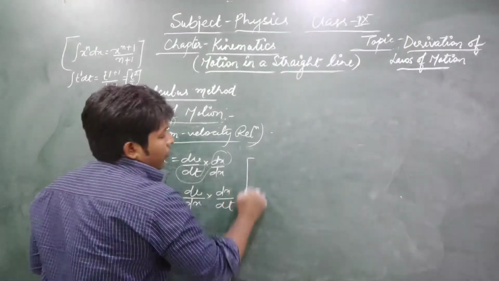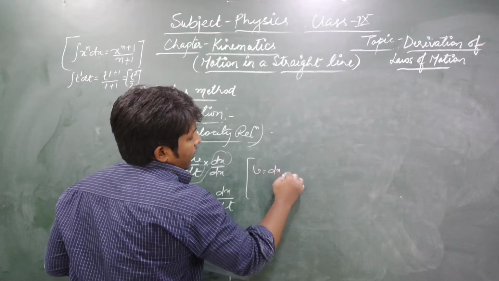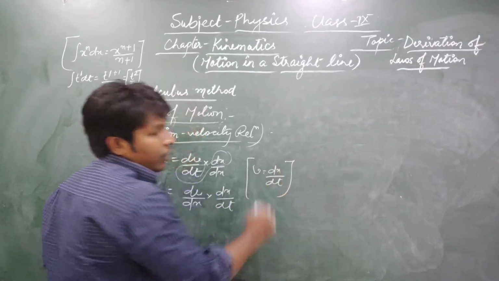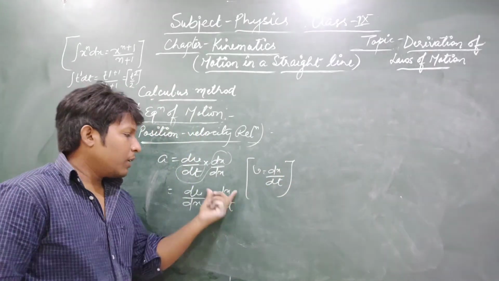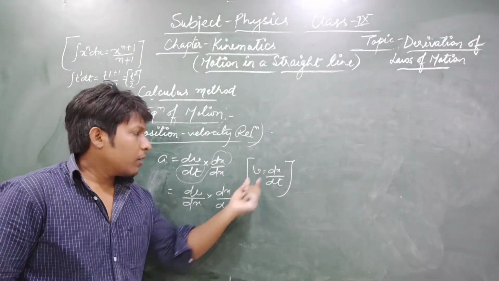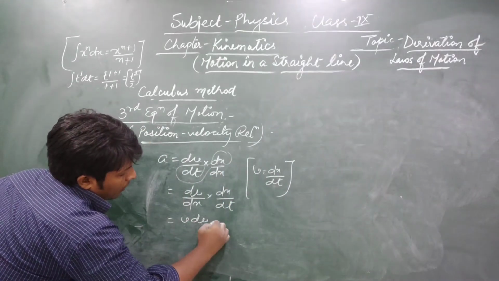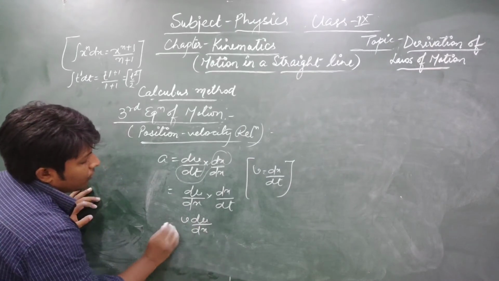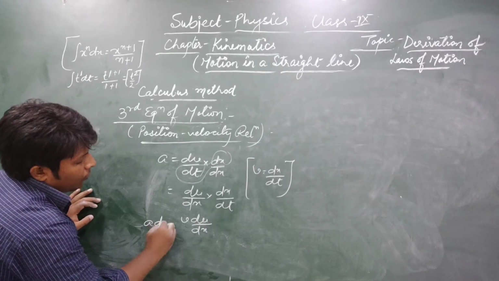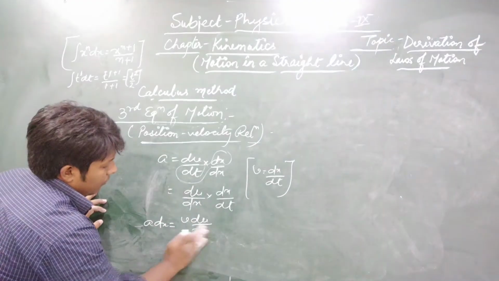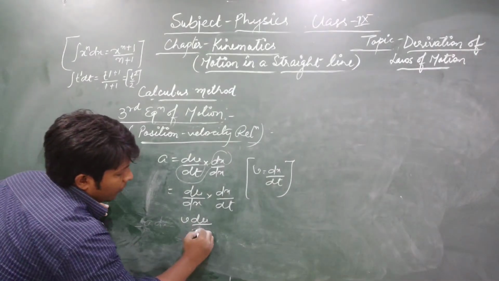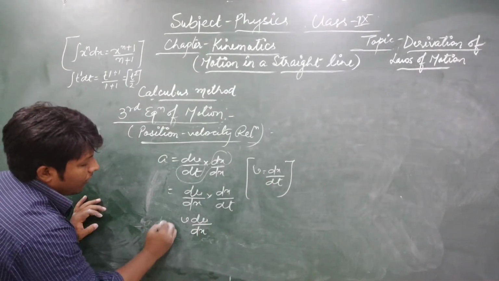So we know that velocity is dx by dt, the rate of change of displacement. So in place of dx by dt we can put v. So it will be v dv by dx, and here a.